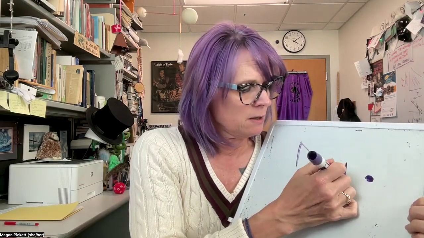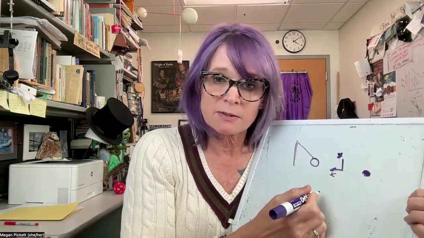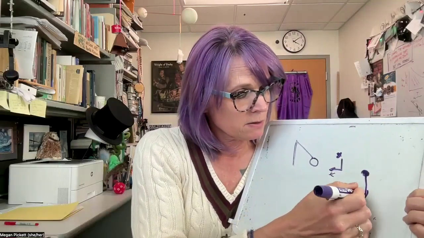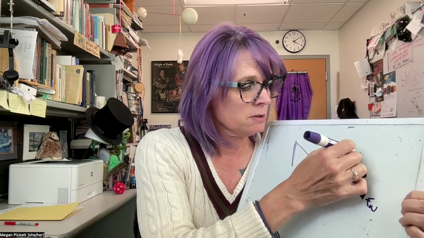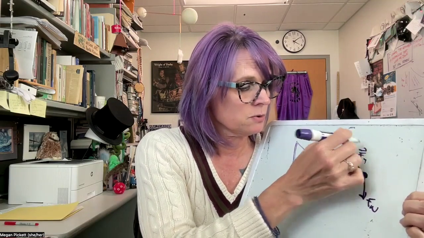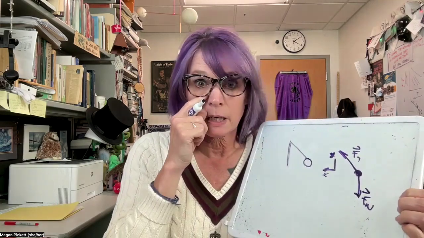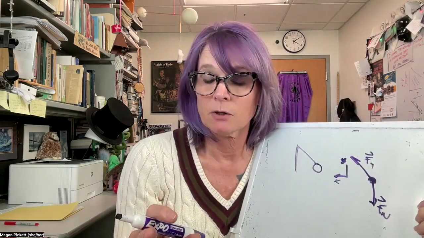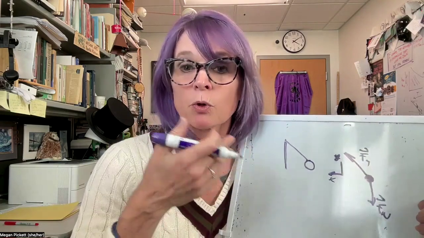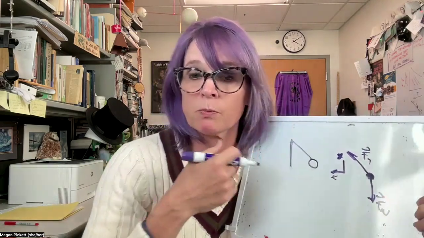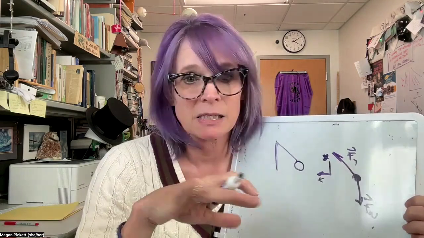Let's say X and Y look like that. There's weight, and then there is tension due to the string, and that's it. There's no normal force because there's nothing for this ball to be normal to. There's a tension force that pulls it up in that direction, but that's it.